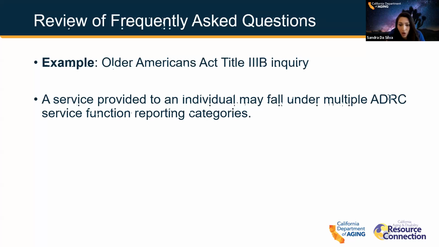So an individual calling into an information and referral line may receive enhanced information and referral services, then be referred to an ADRC partner for short-term service coordination to avoid institutionalization, and also receive options counseling to learn about available service options. In this case, this individual may be reported under 3 categories: enhanced information and referral, short-term service coordination, and options counseling.